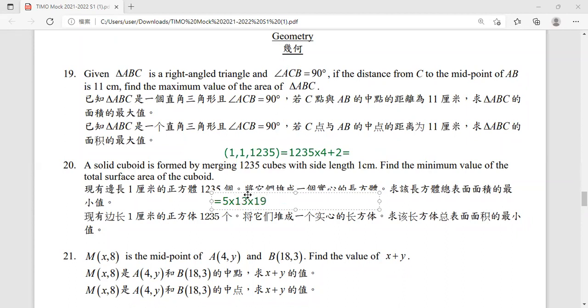Now this one, 5 times, yes. Okay. Now, this is 4942. Okay. This is the largest. So if I put this one, the answer for this one will be 19 times 13 plus 19 times 5 plus 13 times 5.